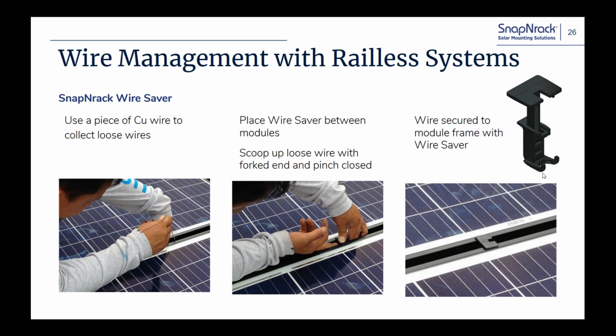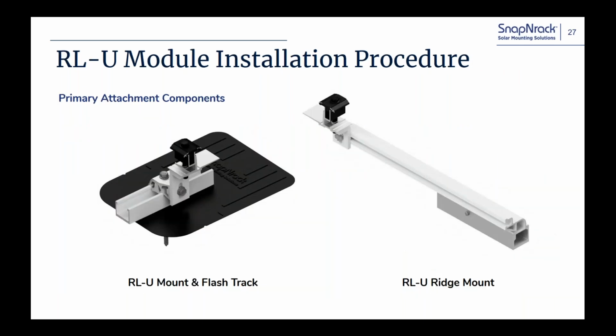Just scoop it up and then pinch it closed, and it just ratchets tight up against the modules, like you see here. Pretty cool. It works really well. Typically, if they've done anything right, obviously they won't have to use it, but it's a nice little trick to have in your bag. You definitely don't want to be having to go back and undo modules just to get a wire. Definitely a cool little device.